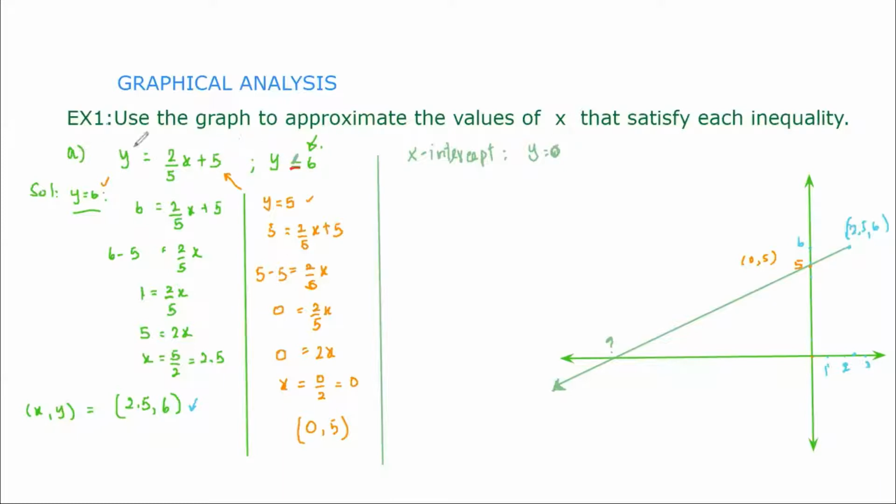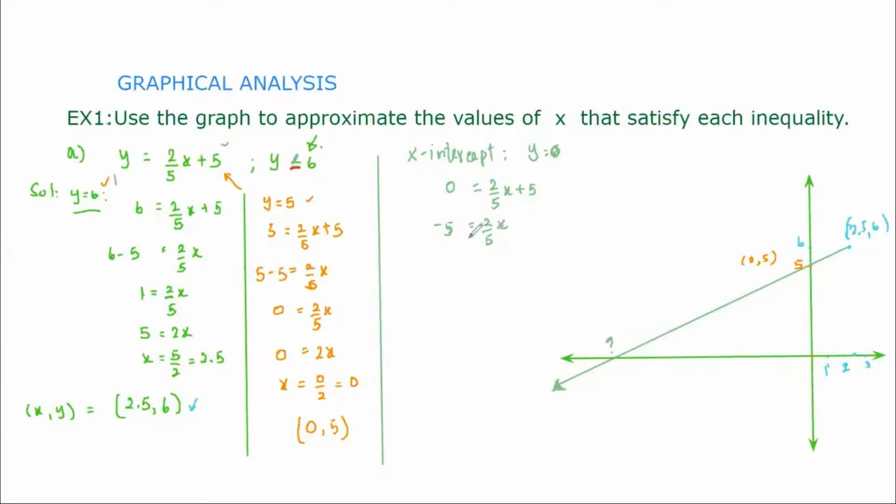So you replace in this equation from the question here. y becomes 0, equal to 2 over 5x plus 5. Then you move the plus 5 to the other side, so you have minus 5: negative 5 equal to 2 over 5x.